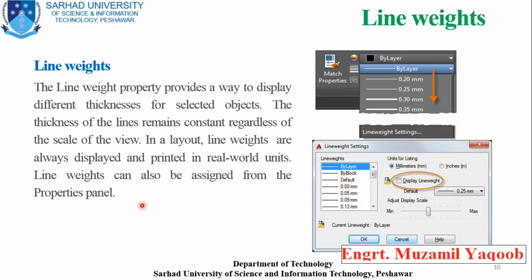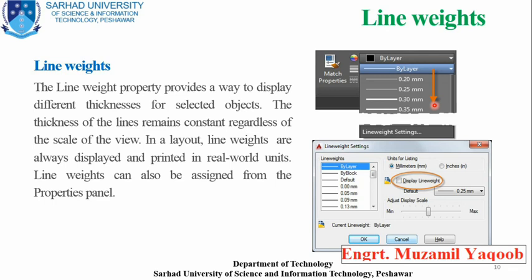So let's discuss line width. The line width property provides a way to display different thickness of a selected object. In this screenshot you can see the different line widths. For example the first one is 0.20 mm, then 0.25 mm, then 0.30, and the list goes on as you go further in this drop down menu.